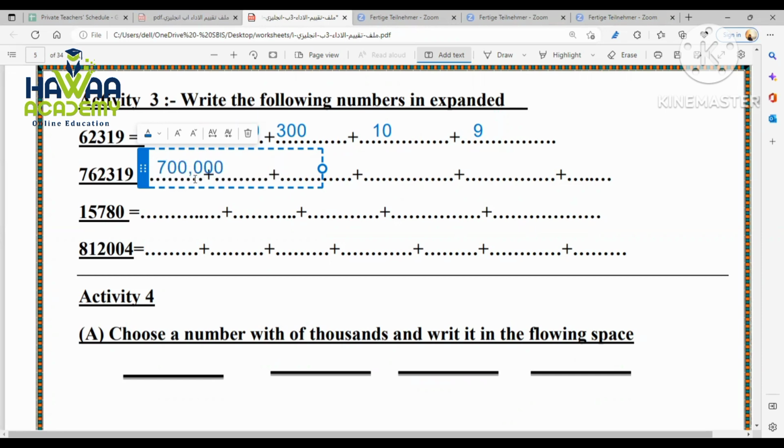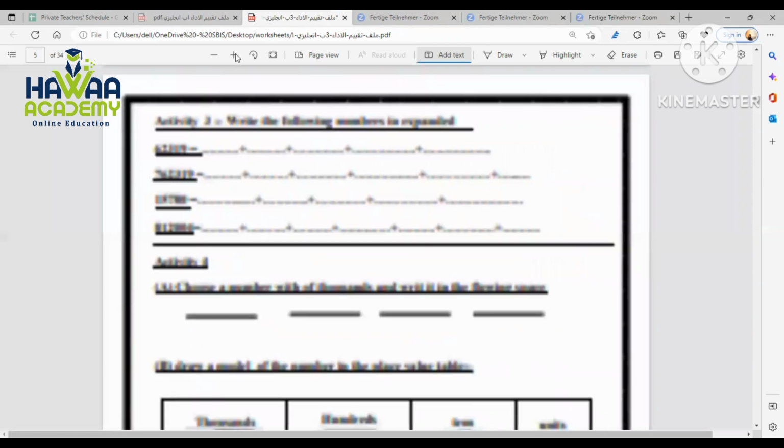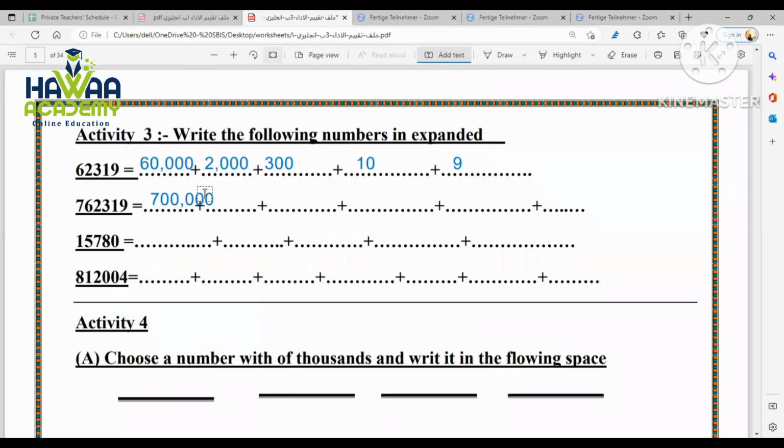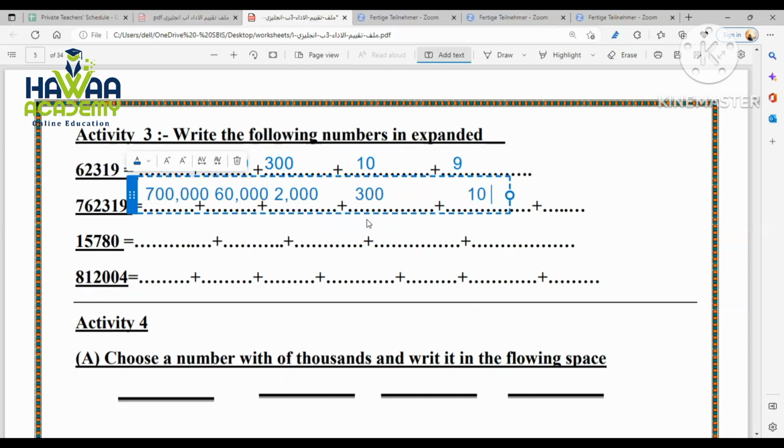Here is 700,000, 60 thousand, and then 2,000, 319, and the 19, we're going to separate it again into 10 and 9.